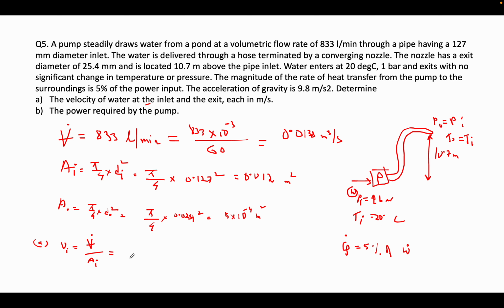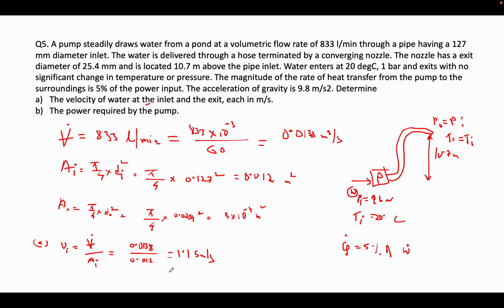Q is given as 0.0138, and my Ai is 0.012. So 0.0138 by 0.012 is equal to 1.15 meter per second. That is my velocity at the inlet.